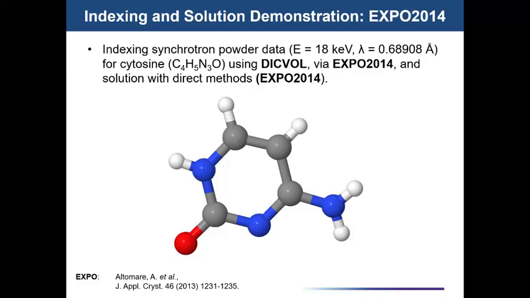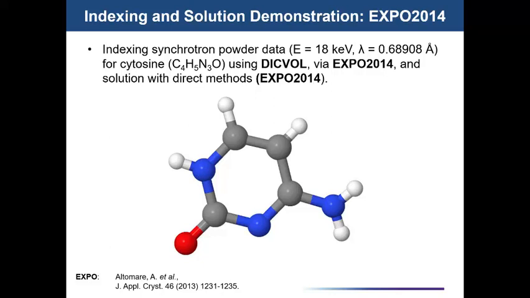And the orthorhombic cell is the correct cell. We've got the right cell. It's got the highest M20 figure of merit in this case, as we might expect. And it's also got the highest symmetry, which is another good sign that we've got the right unit cell. So we're going to choose this top cell, and I'll say OK.